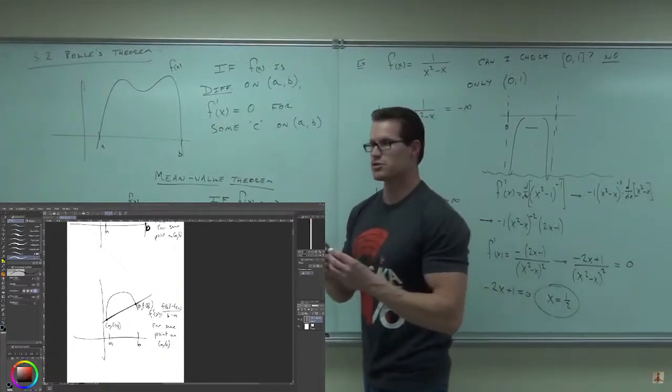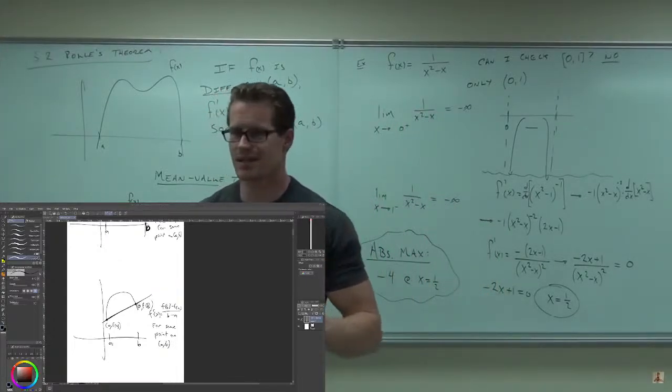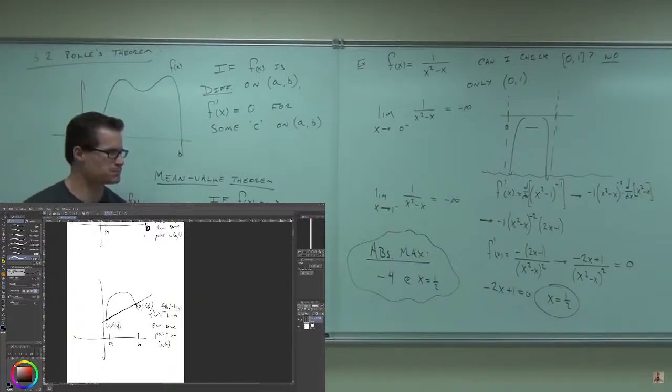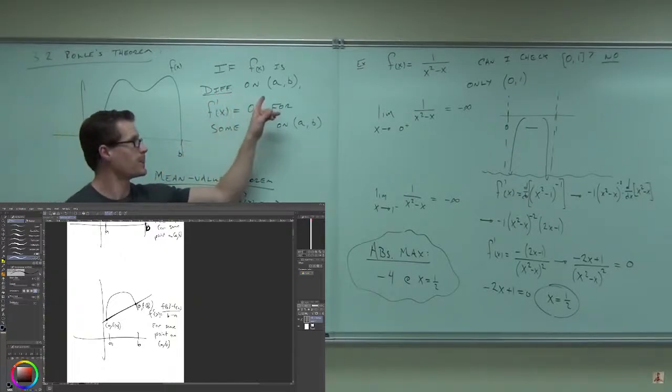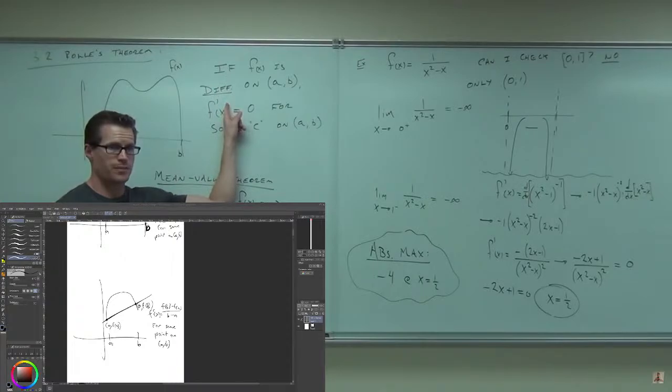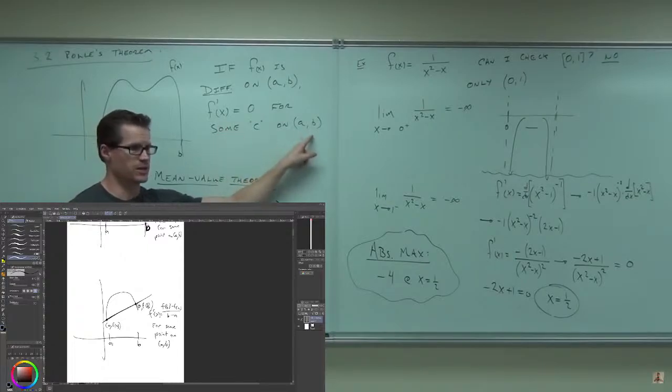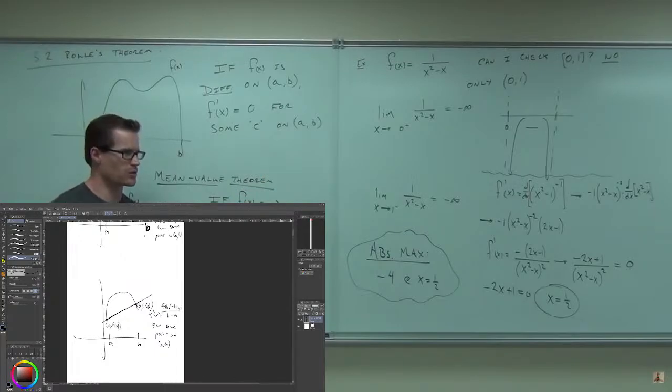If you're required to check these, which I think some of your homework says that, what you would do is this. For Rolle's theorem, you find the first derivative, you set it equal to 0. You're going to get an x value, right? All you need to do is verify that the x is between a and b. It will be. If it's continuous, it will be. For the mean value theorem, this is a little bit more tricky.